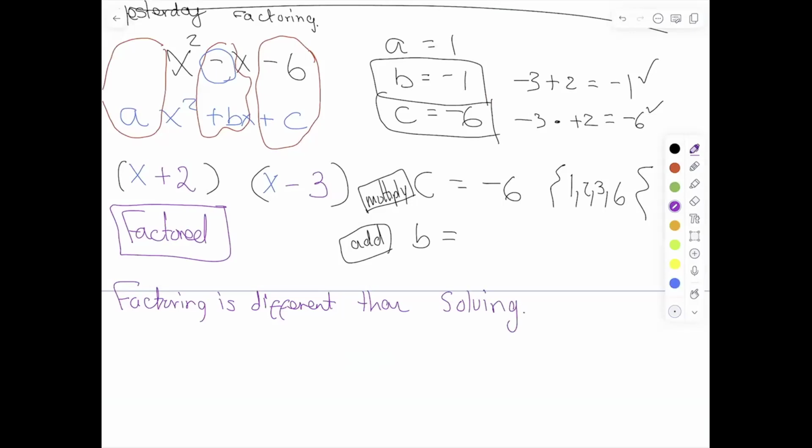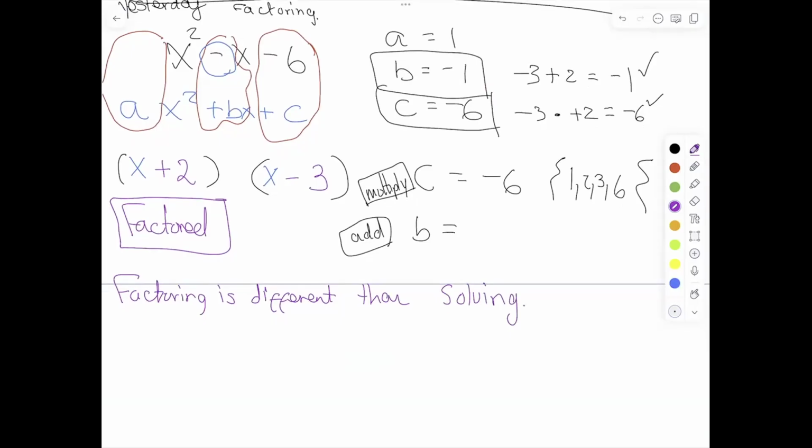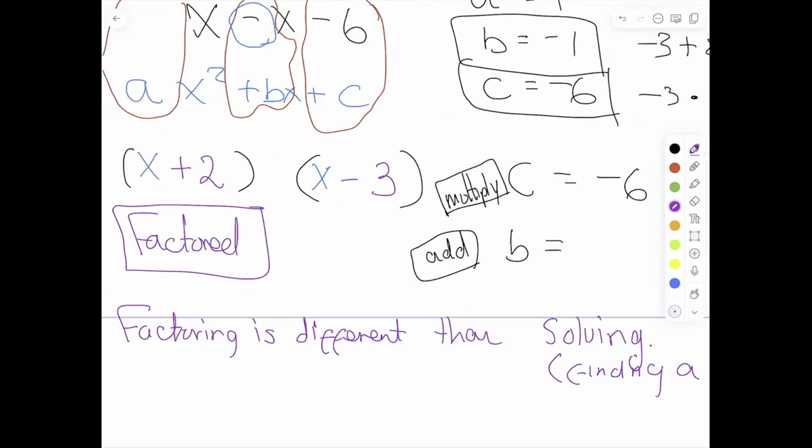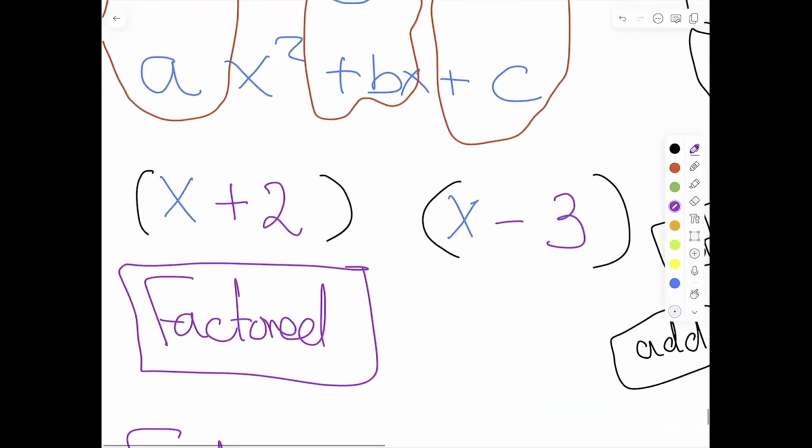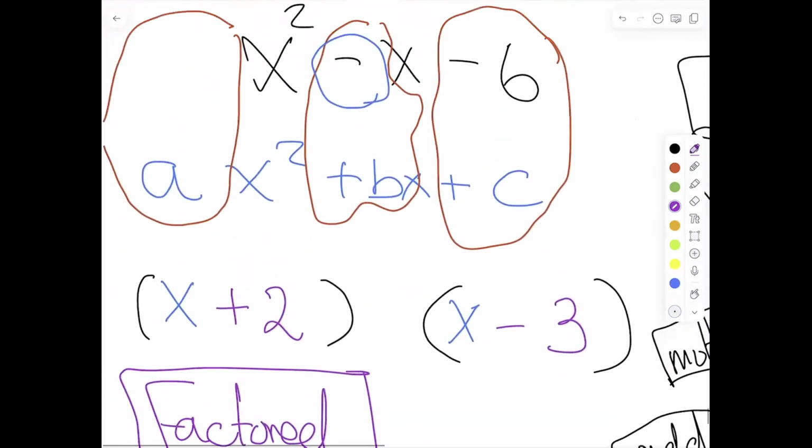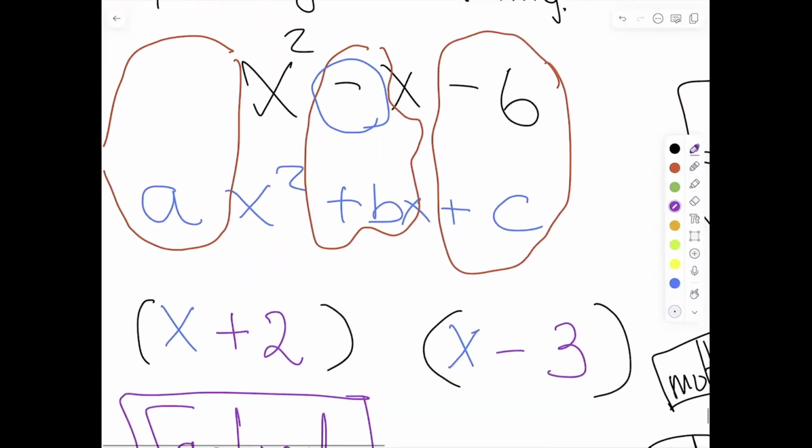So solving is actually finding a value for x. When I factored here, did I find a value for x, or did I just break down x squared minus x minus 6 into x plus 2 times x minus 3?